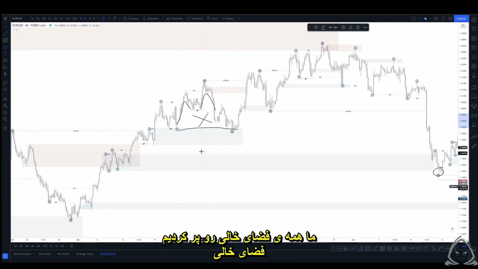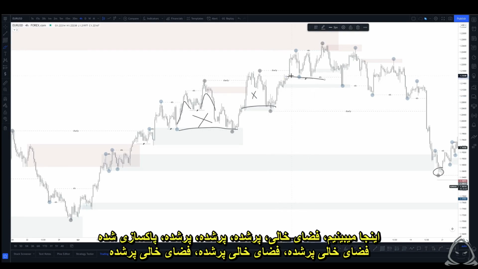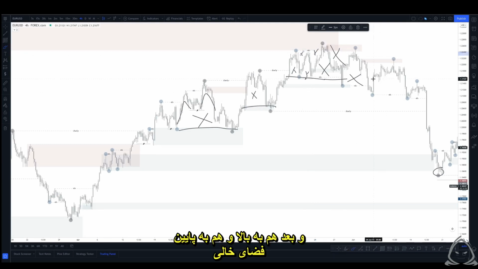We fill all of the empty space. Empty space, filled, filled, swept. Empty space filled, empty space filled, and then the upside and the downside, empty space.